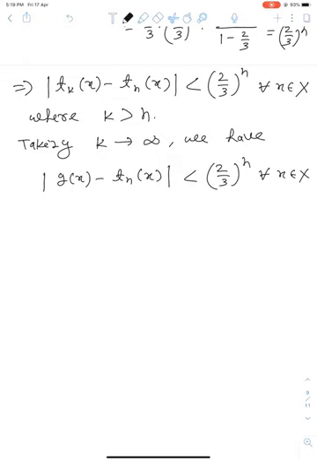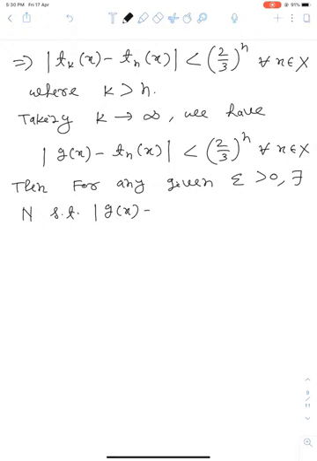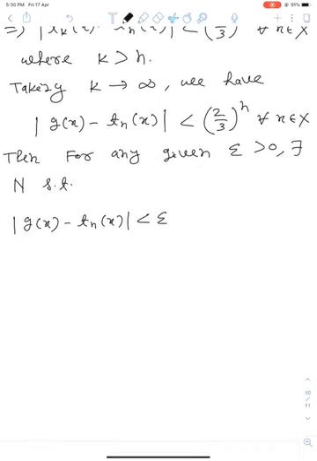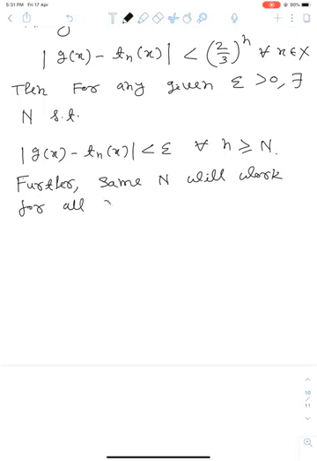Now here, obviously, for any given epsilon bigger than 0, there exists capital N such that |g(x) - T_n(x)| < epsilon for all n bigger or equal to that natural number N. And also this is true for all x, and further the same N will work for all x in X, right?